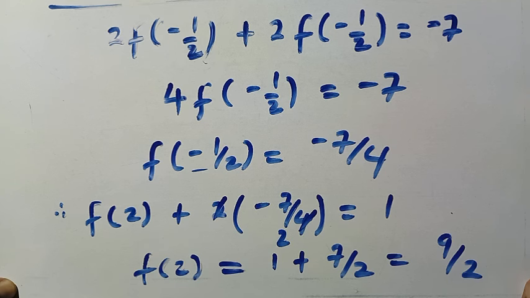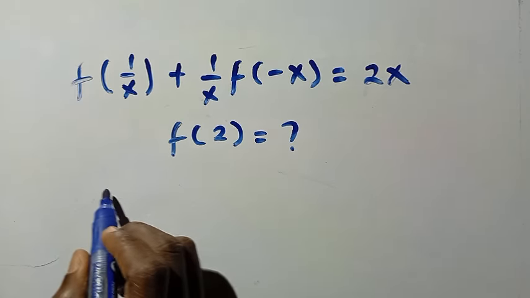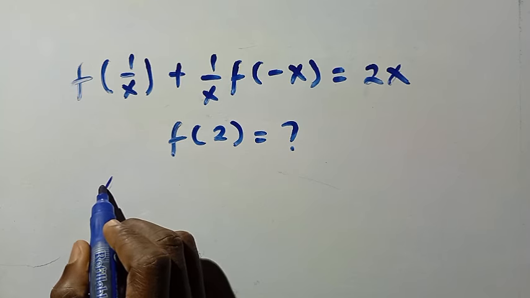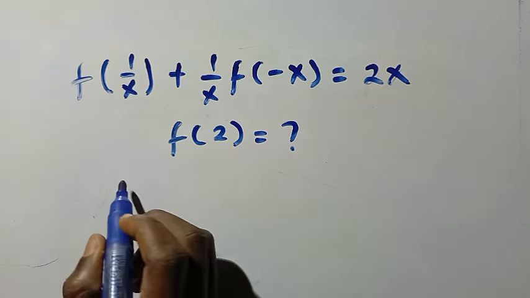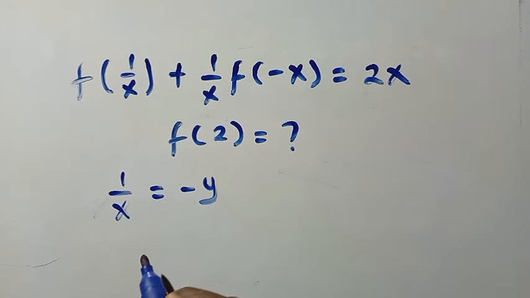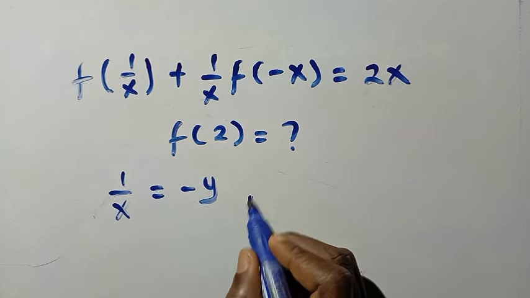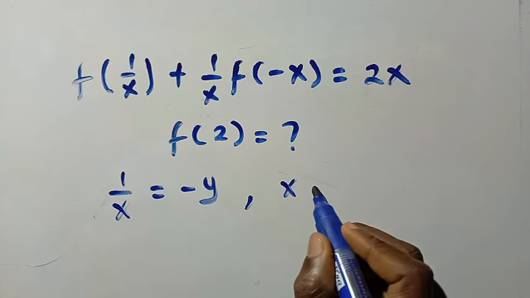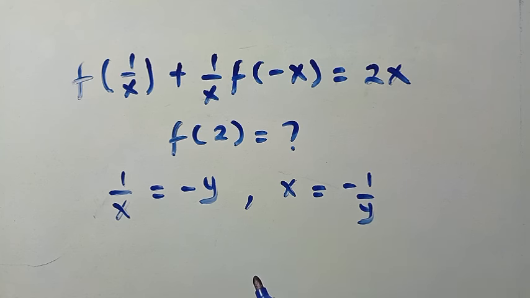Let's get into the second method of solving this, the easiest one indeed. For the second method, suppose I replace 1 over x with -y, then our x is now equal to -1/y.